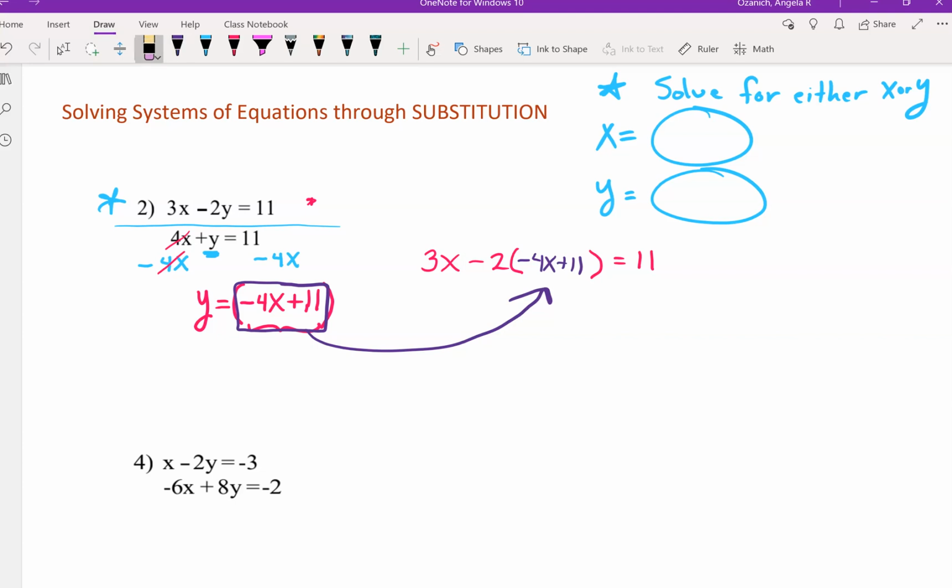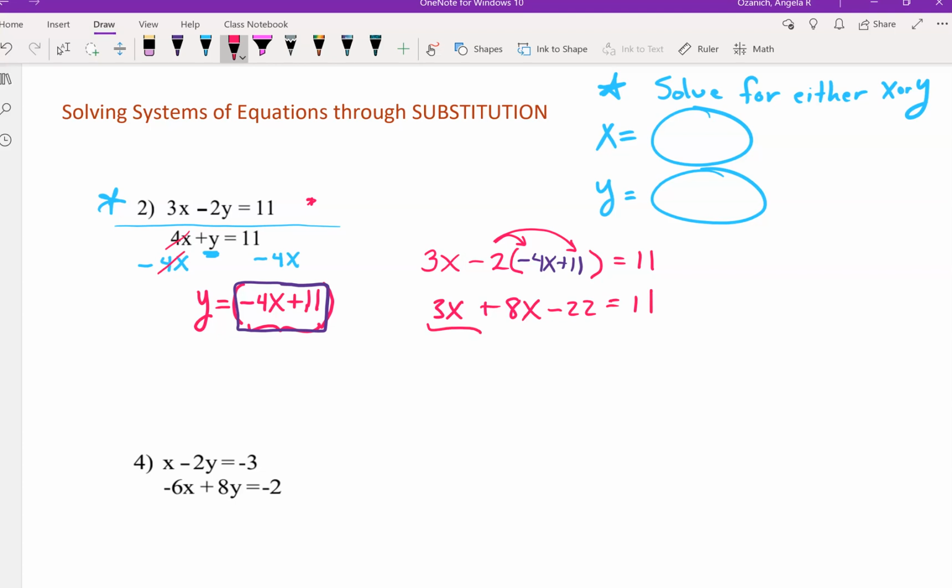Okay? All right, so let's keep after this example. I'm going to go ahead and get rid of my little arrow here just so we have some room to work. And let's go ahead and simplify. So we have 3x. We're going to multiply your negative 2 through the parentheses. So here I go. It's going to be a plus, watch those negatives, plus 8x minus 22 equals 11.